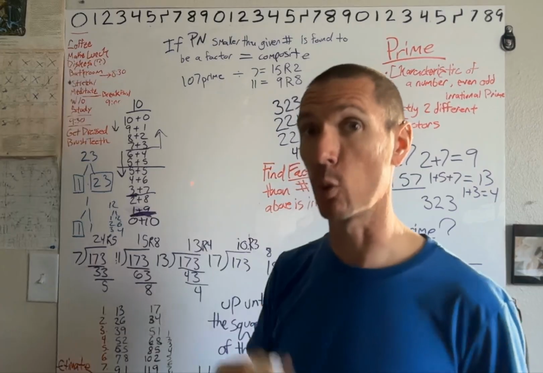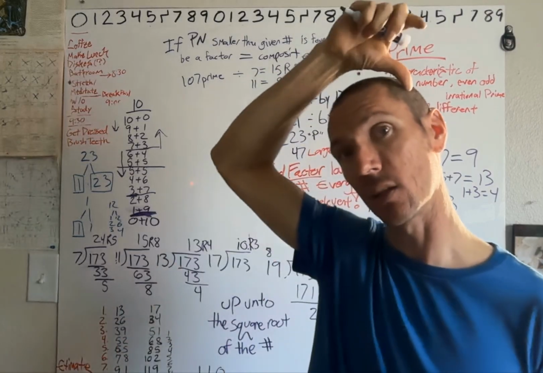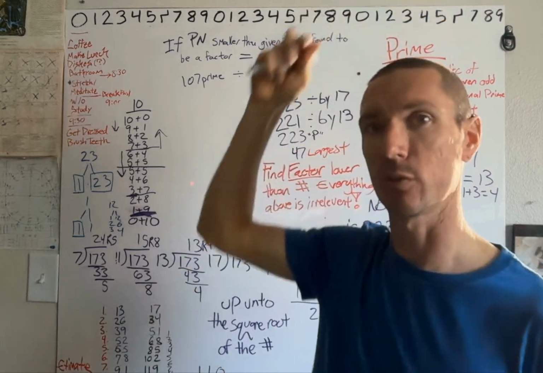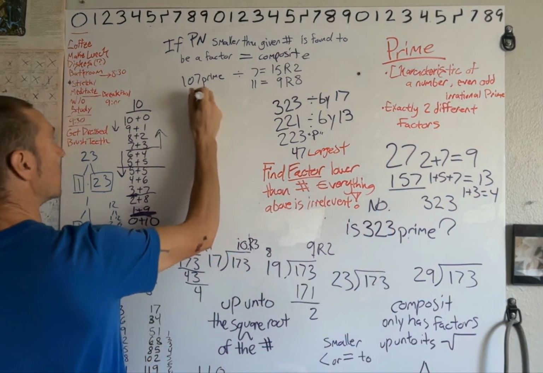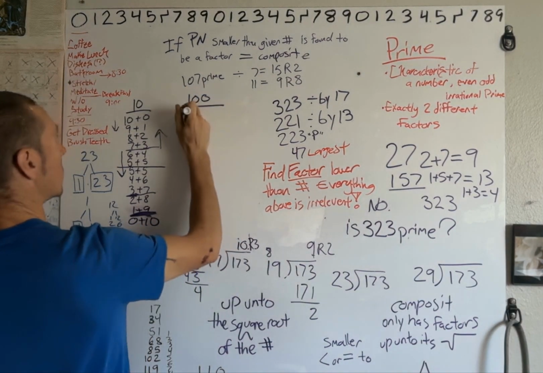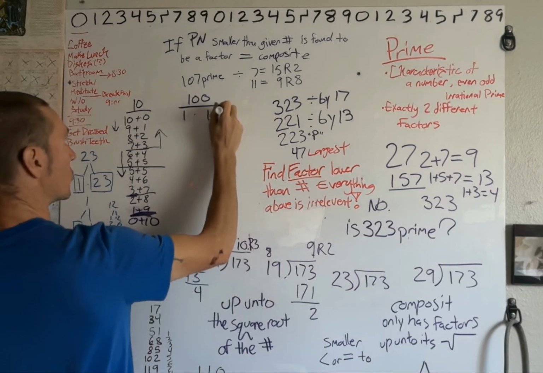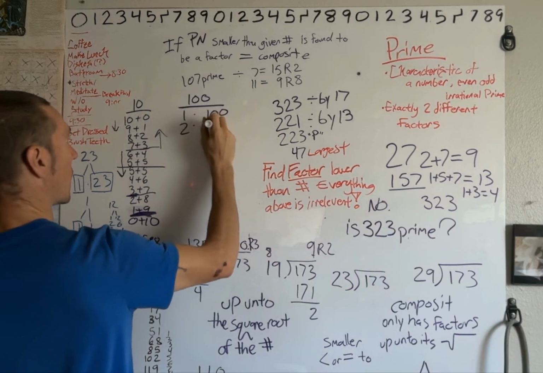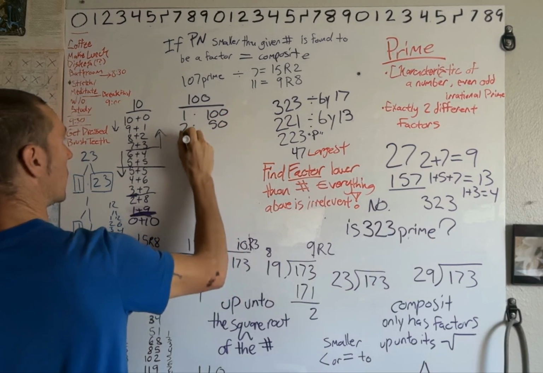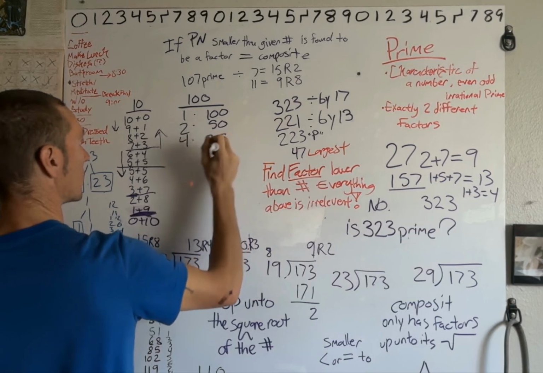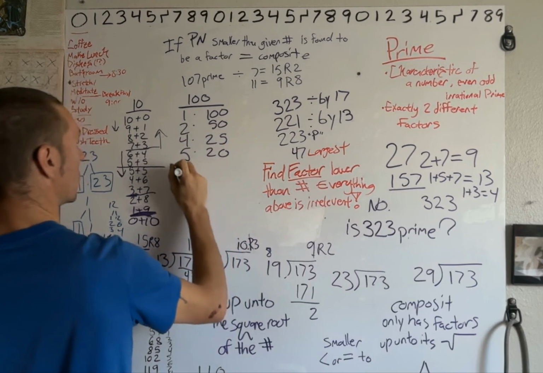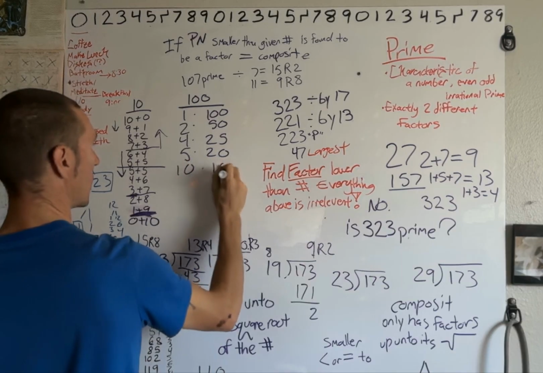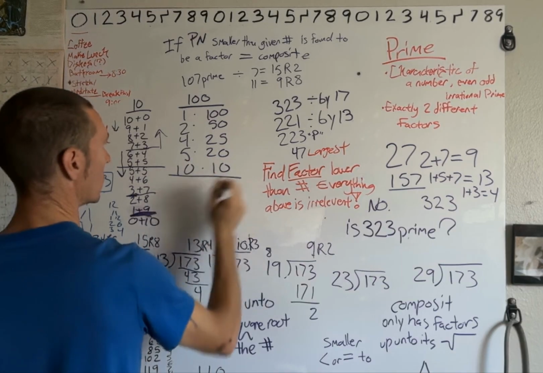So it works the same with multiplication, with factors and multiples. So with 100: 1 times 100, 2 times 50, 4 times 25, 5 times 20, and 10 times 10.